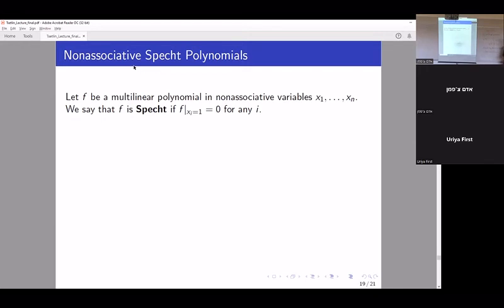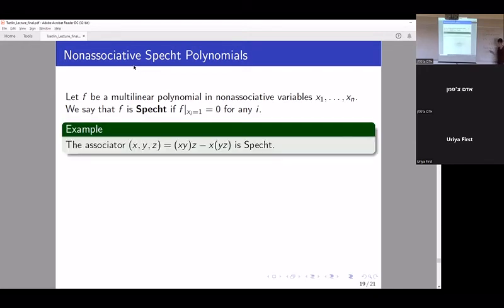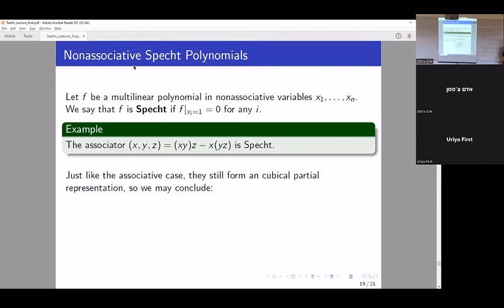So what can we say about this? Let's say a non-associative example will be taking the associator. The usual associator will be Specht because one associates with everything. So exactly just like the associative case, we never use anything about associativity. They still form cubical partial representation. We just need to add many parentheses everywhere, but it still works. Everything still holds.